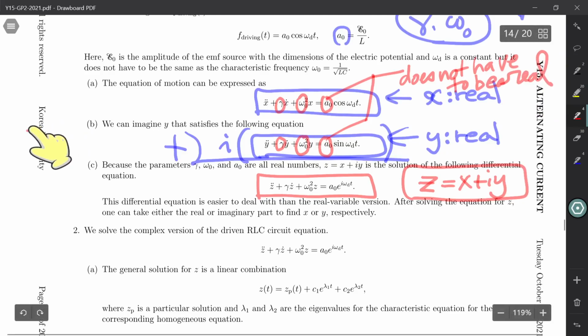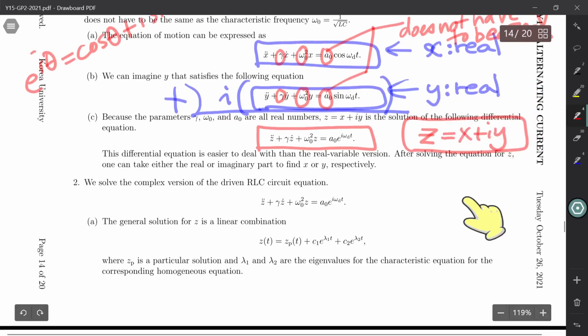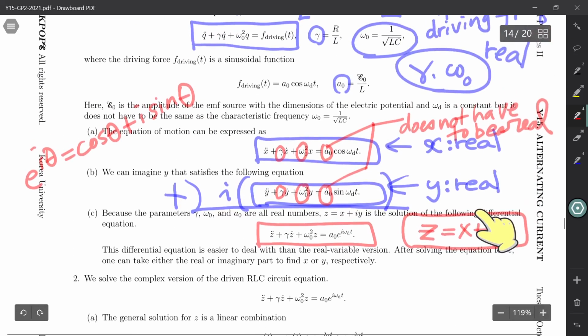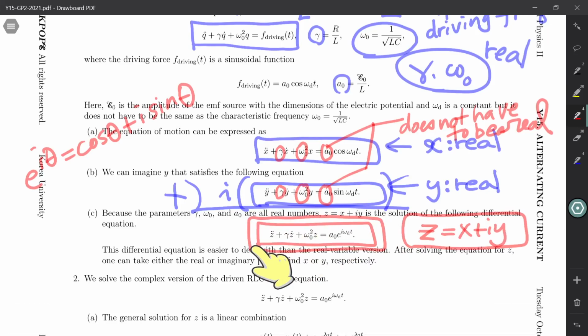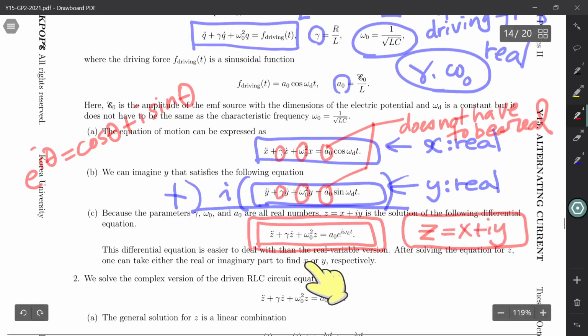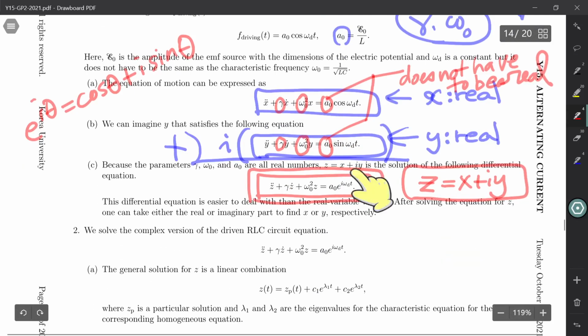Anyway, e to the i theta equals cosine theta plus i sine theta. Hence, it is possible to solve this problem in a complex space. The good point of this method is that it does not care whether it is cosine or sine.